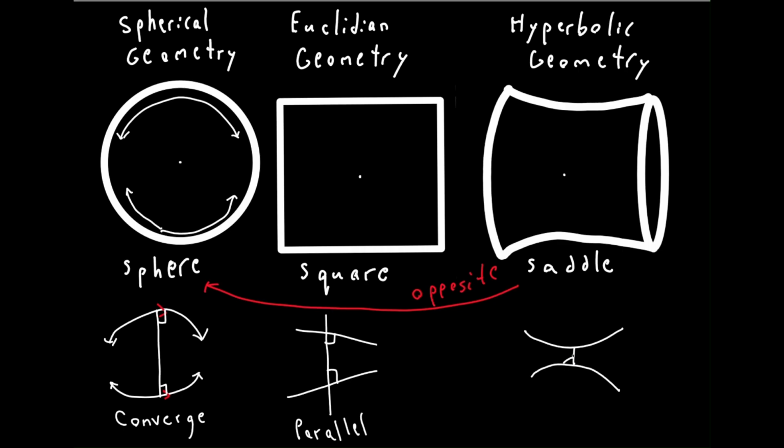Let's take a look at that. As you can see, these two angles, call them angle A and angle B. A plus B is less than 180 degrees. That makes sense, right?